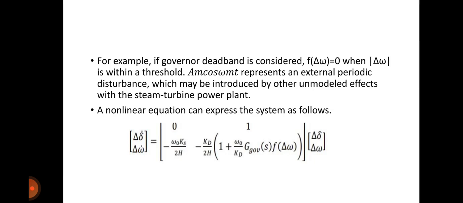The nonlinear equations can express the system as follows, in matrix form: the derivative of delta rho and delta omega equals the matrix 0, 1, minus omega naught Ks by 2H, minus Kd by 2H, plus omega naught by Kd G GOV(s) F(delta omega), times the vector delta rho, delta omega.